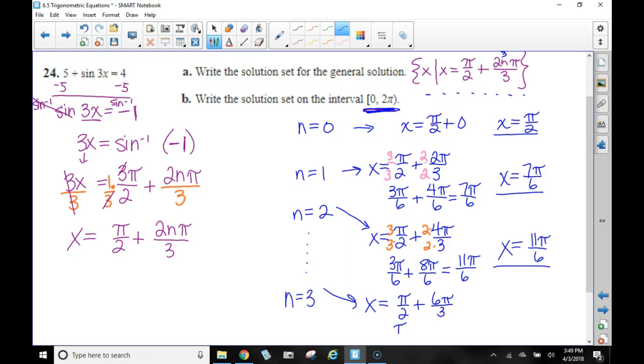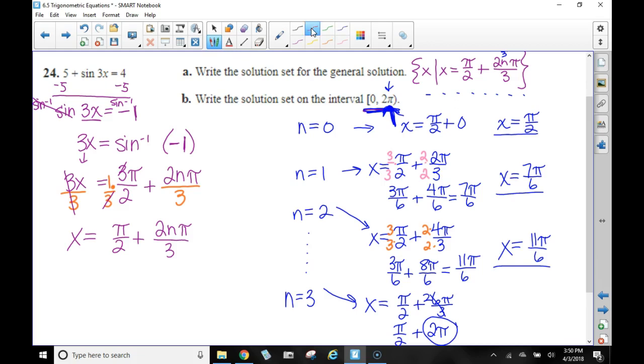And if you take pi over 2 added to what would reduce to give us 2 pi, that's going to be bigger than 2 pi, bigger than what they wanted us to stop with up here, in our interval. And so we don't have to go any more than that. These are our only 3 answers.